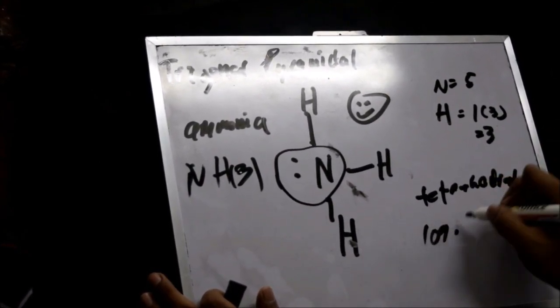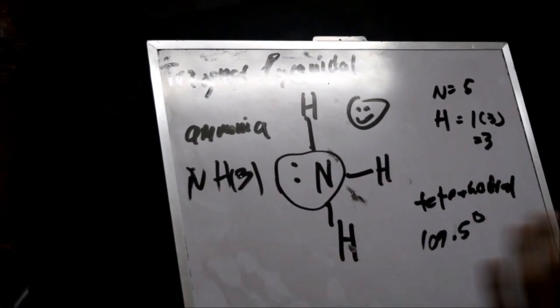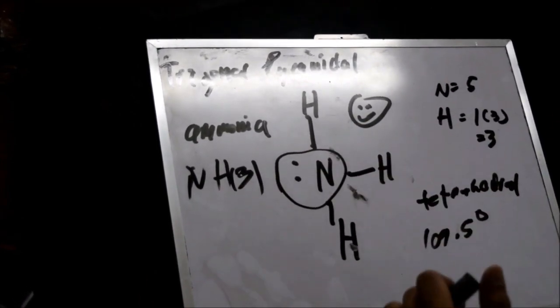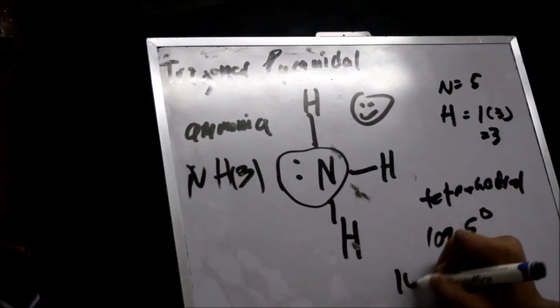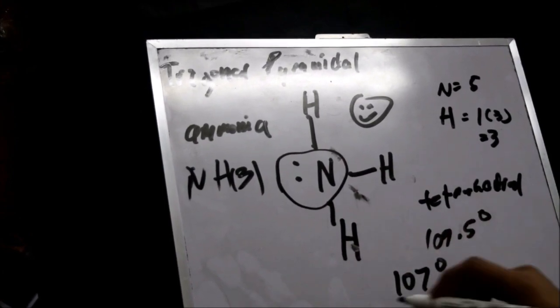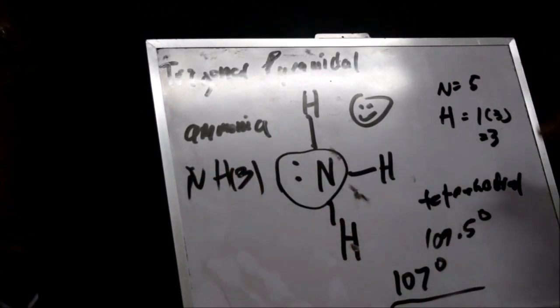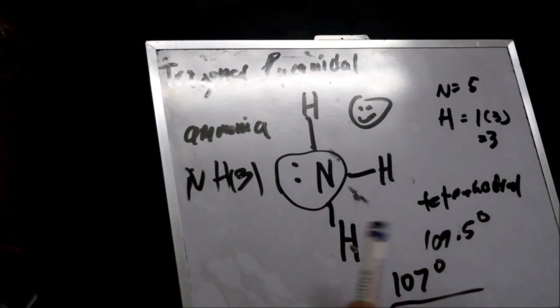From 109.5 degrees, it changes to 107 degrees due to this process. So this is my example, and I hope you're going to understand it. So now it's 107.0 degrees.